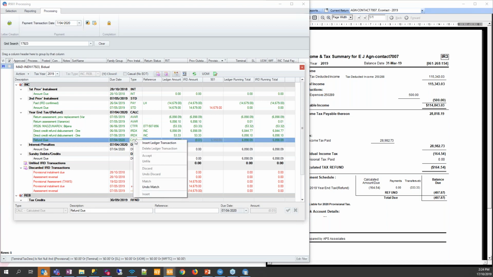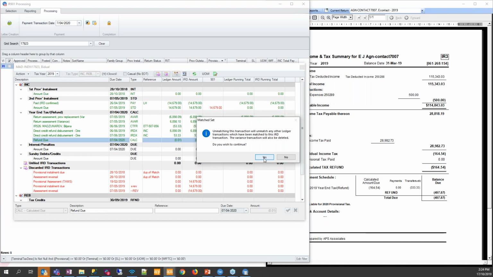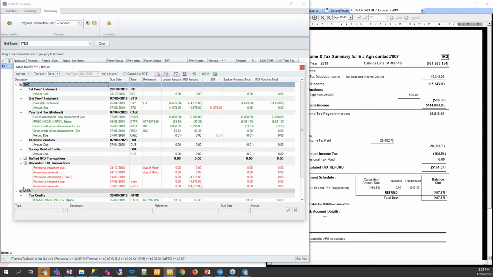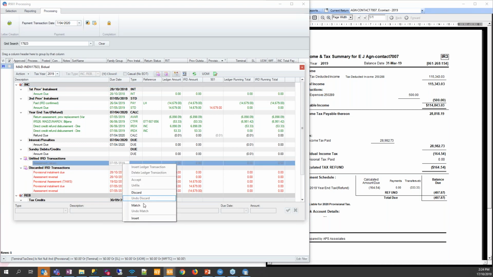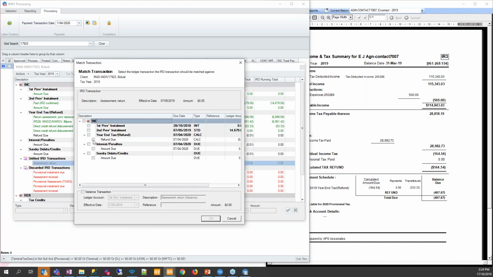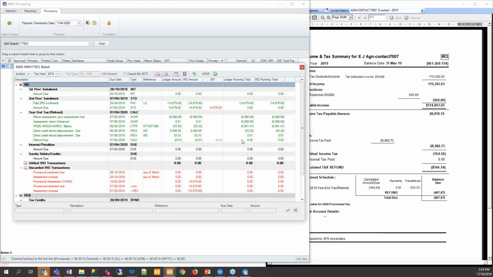If we undo the match and rematch it, this is one of these cases where we do actually have a valid 1 cent variance, but you'll see that the net effect now does bring us back to a correct zero balance in this scenario.